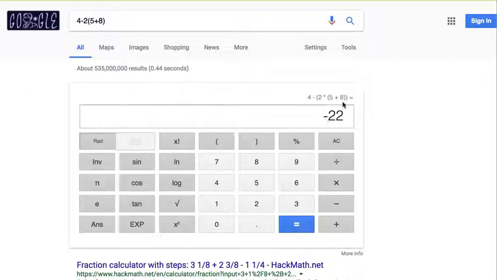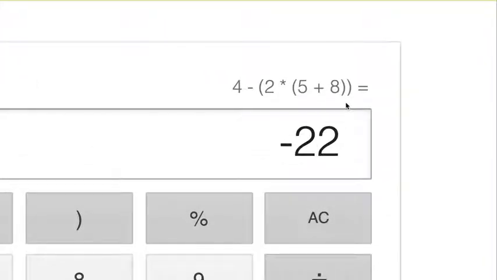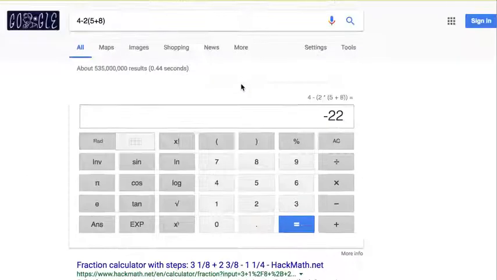Looking above that answer, you can see that the calculator first did the 5 plus 8, treated that as one entity, and then did the 2 times that and treated that as an entity before subtracting from 4. So we had 5 plus 8 is 13, and then 2 times 13 is 26, and then 4 minus 26 is negative 22. All of this is in the previous video.